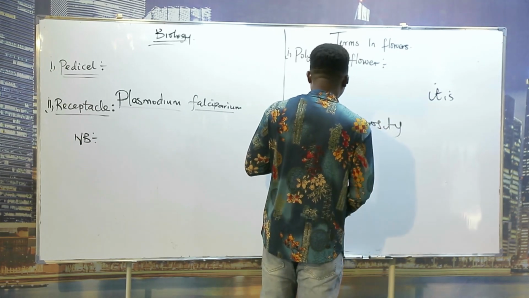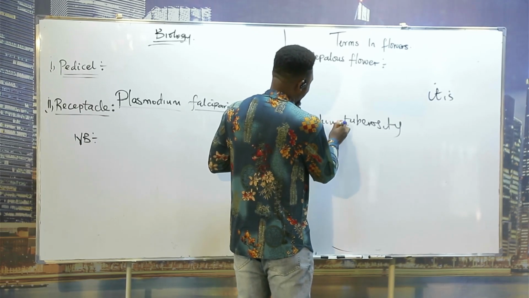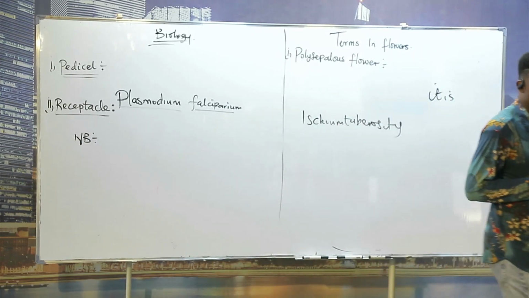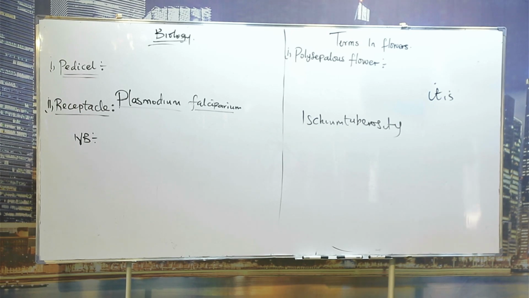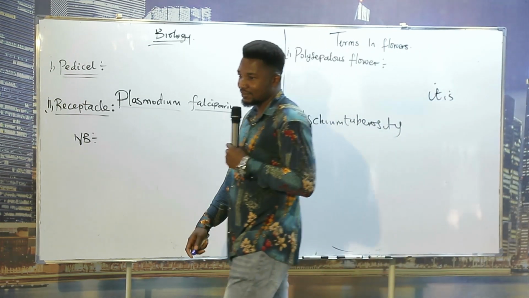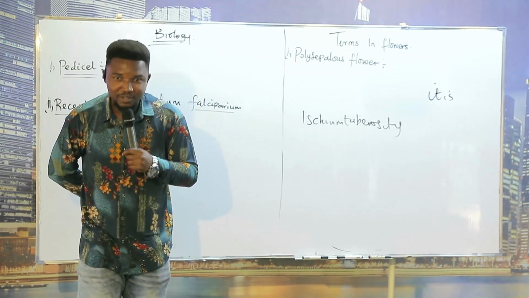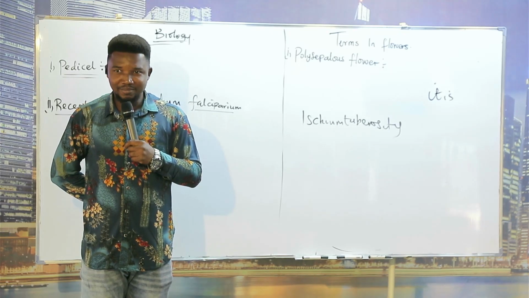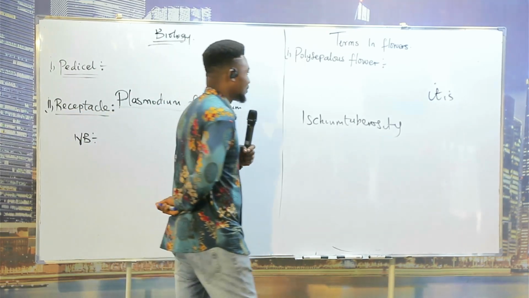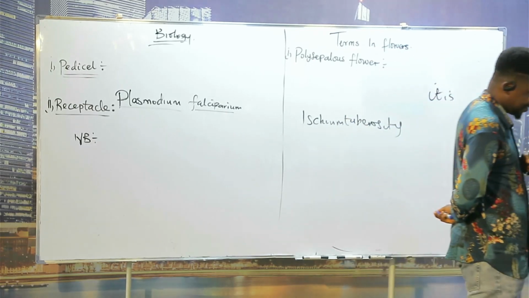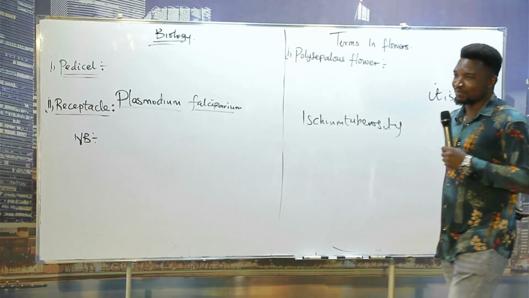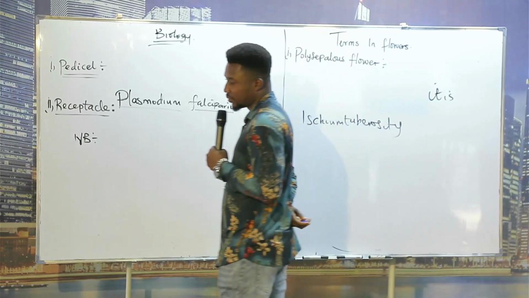If you remove the A from ischia and put UM, it means ischium. Ischium is around your pelvic region.